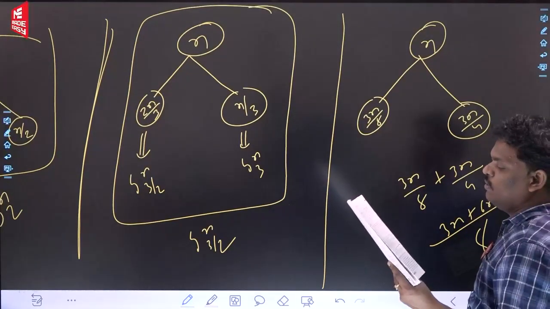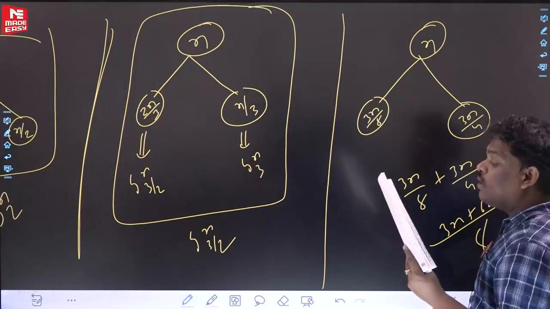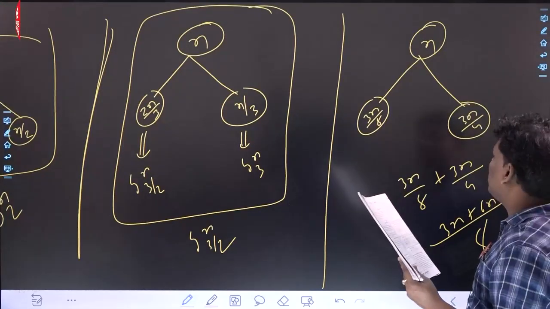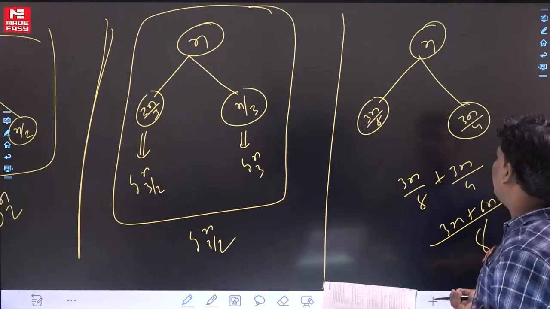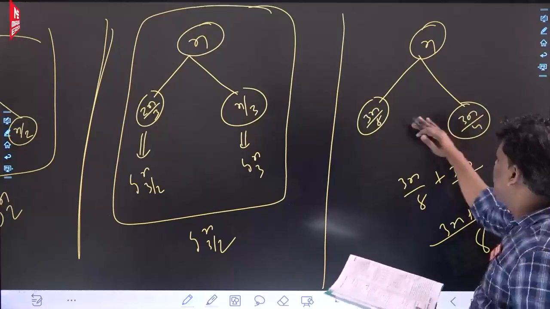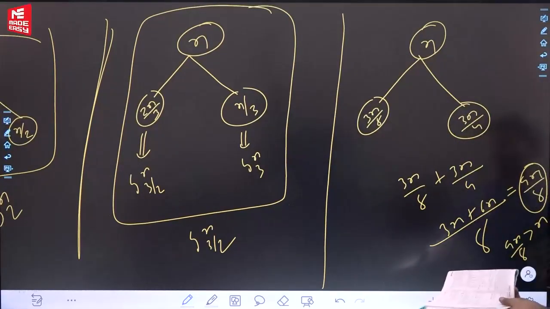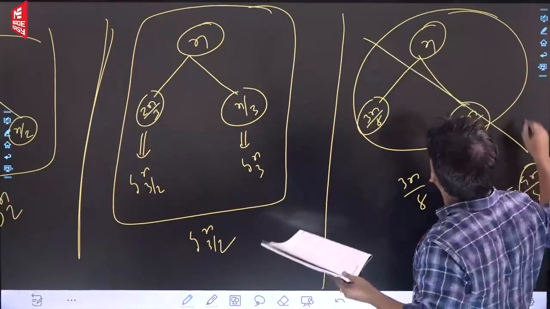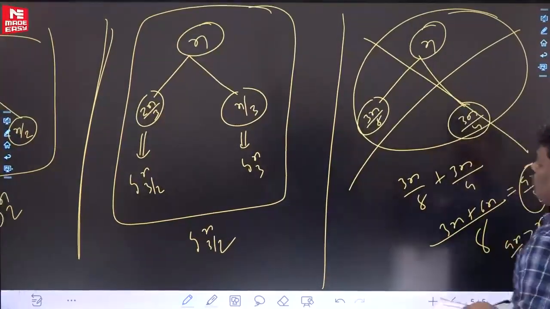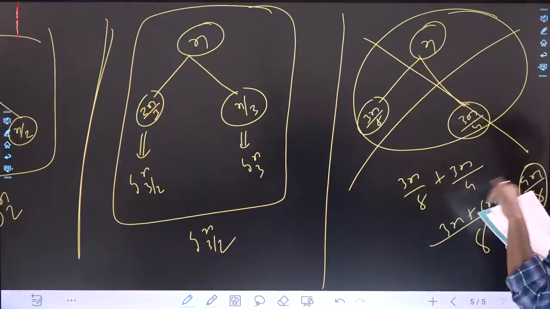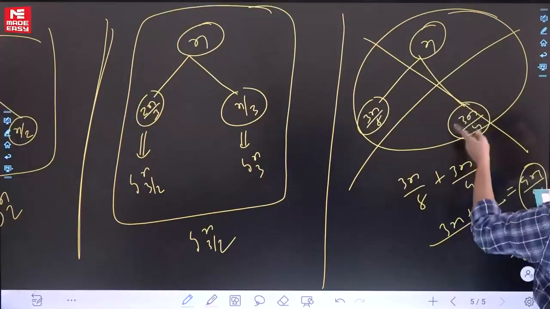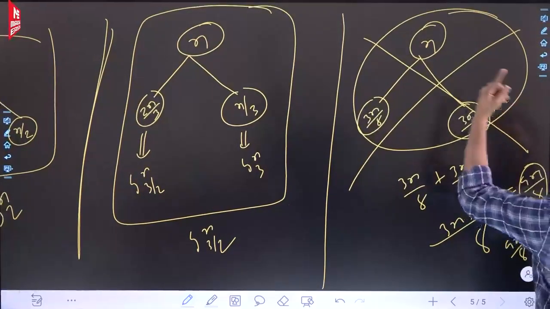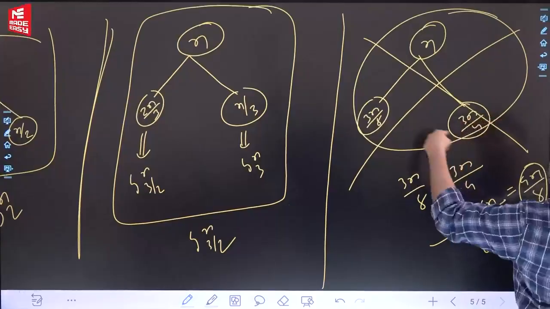Please see this one: such a tree on n nodes is best described by which one of the following? Only n nodes are there. If I add left and right, how do I get more than n? Try to remember, that kind of weight balanced binary search tree is not possible. If you want to get option B, you have to keep 3n by 4 on the right, so left should be minimum, half.